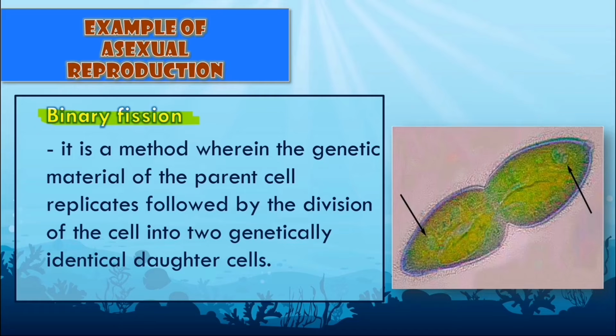This is a method wherein the genetic material of a parent cell replicates, followed by the division of the cell into two genetically identical daughter cells. The appearance of the parent is the same as that of the daughter cell. Okay? They are exactly the same, with no differences. Binary means twice; it divides twice. If it is cut, the cut piece will grow the same as the parent.